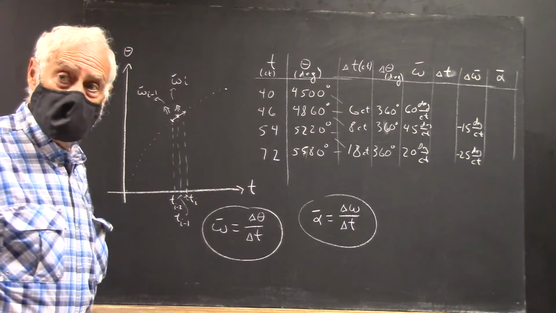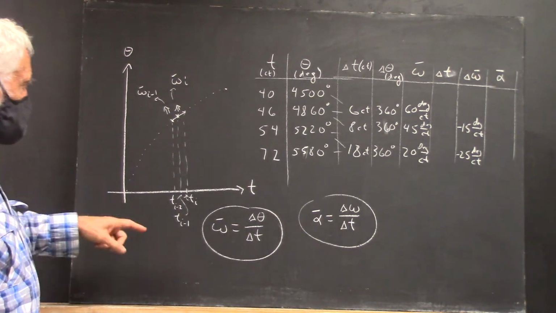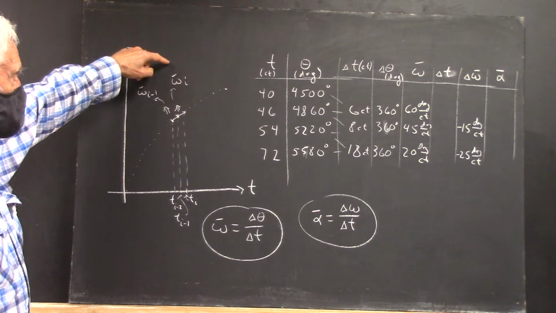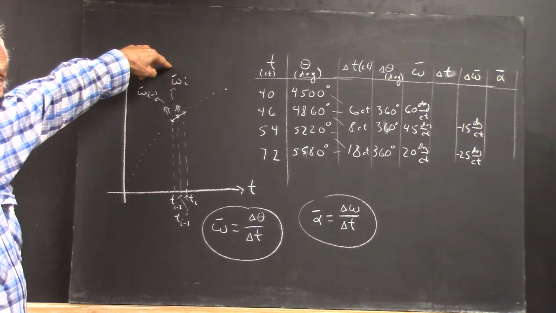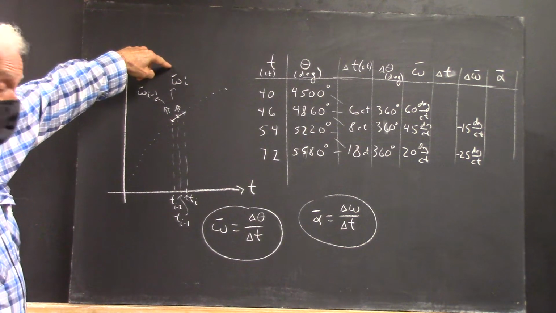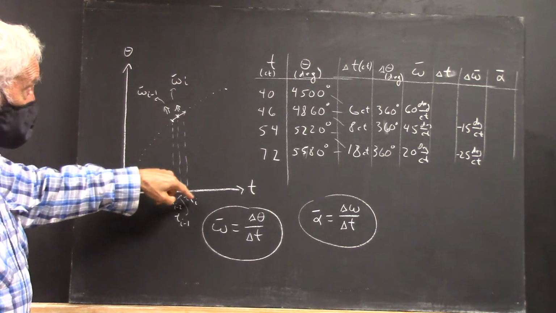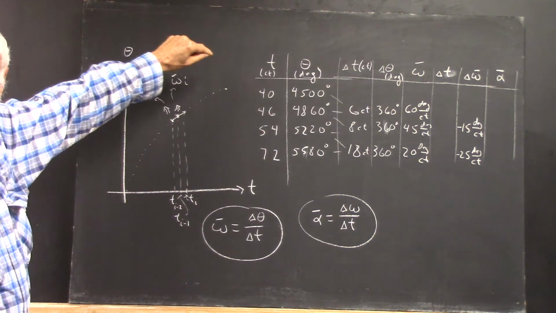Over on the table, then, what's your best estimate of when this omega, let's just take omega i, your omega i bar, your average omega i, depends on what two t's? Well, you got the first one, the second one, the third one. Which of those three? Second and third. Second and third, right?